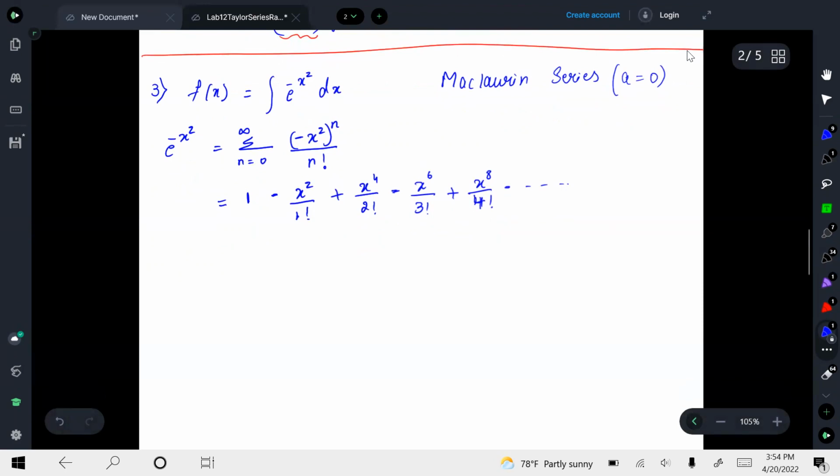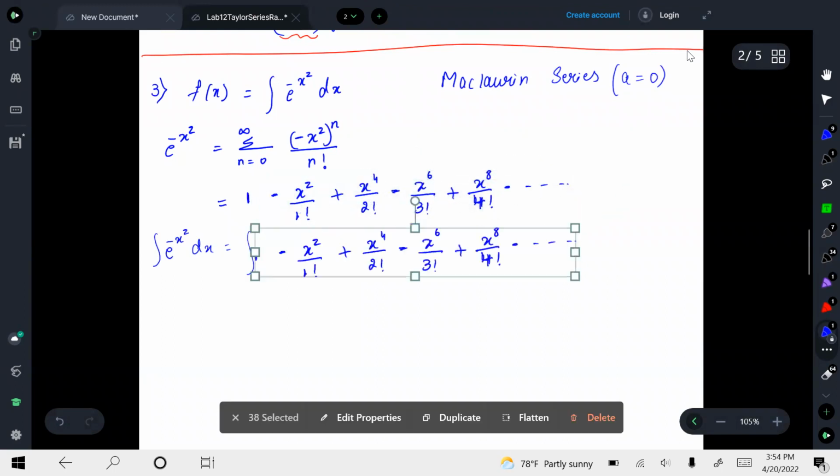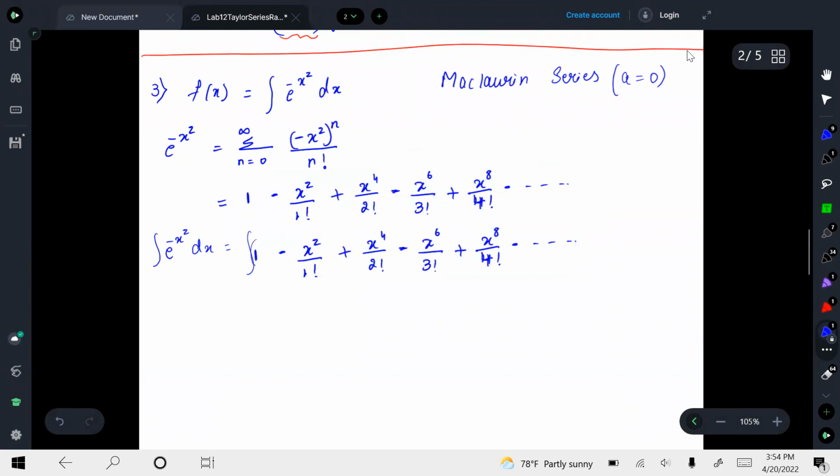Now in order to find the integral of this function, we need to find the integral of this entire series which we have mentioned just now, dx.